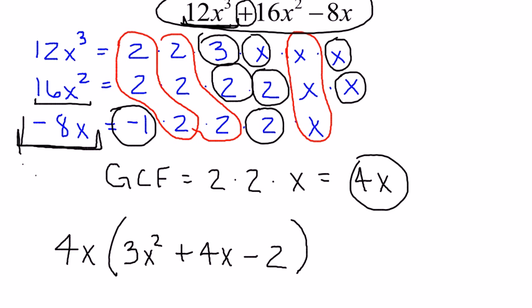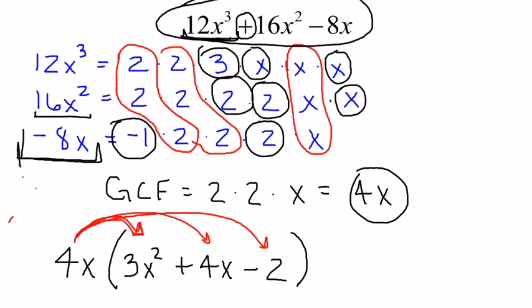So in order to check ourselves, remember we can always use the distributive property by multiplying everything back out. Okay, so just quickly checking ourselves, 4x times 3x squared gives us this 12x cubed, so that works out.